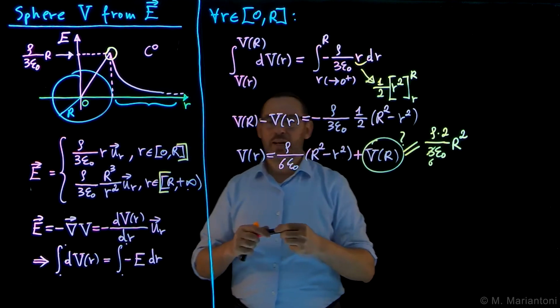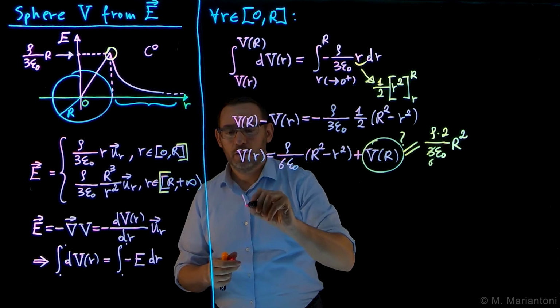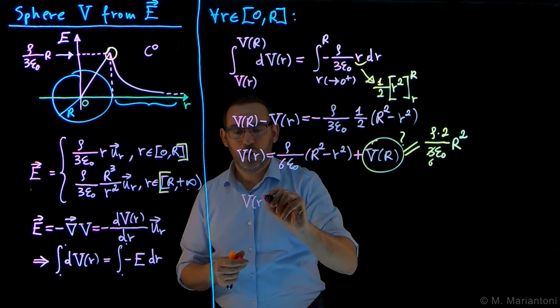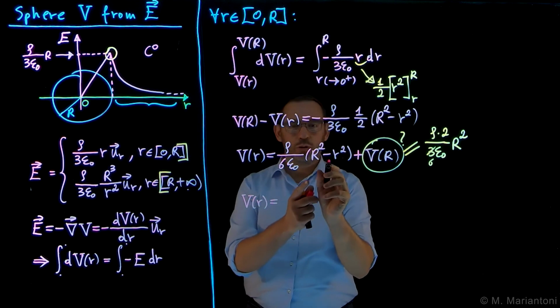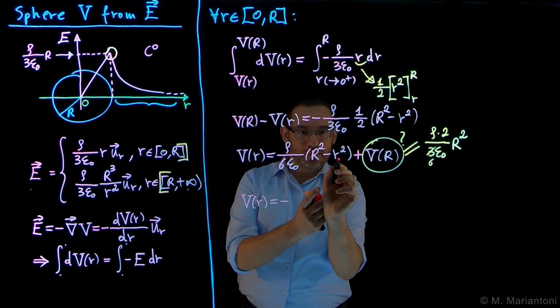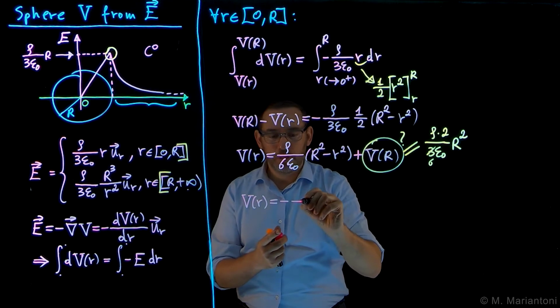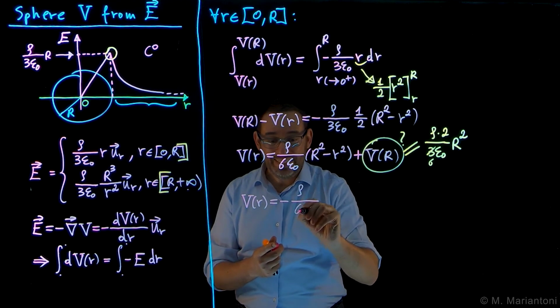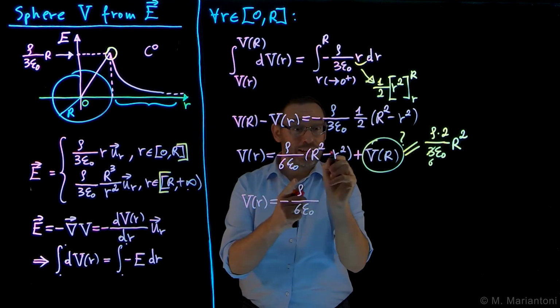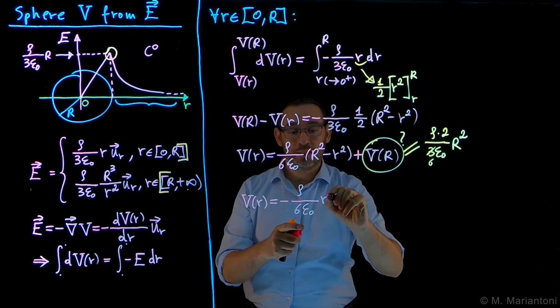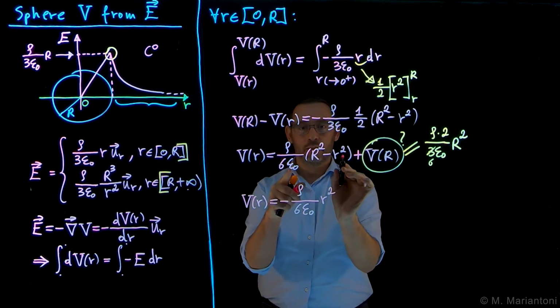We obtain finally that our V of small r is equal to, the function dependent on r squared is minus rho divided by 6 epsilon naught small r squared.